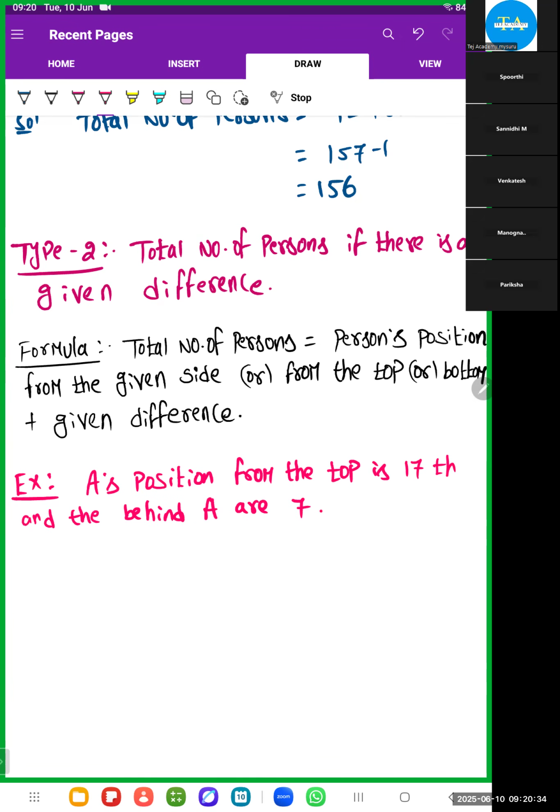I hope you understood. A's position is 17 from the top, but behind there are 7 persons. Okay, so find out the total number of persons in a row.